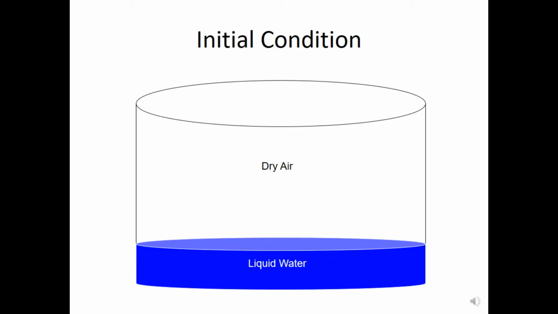So now what we're going to do is introduce the concept of saturation. What we have here is a vessel that contains liquid water at the bottom. It has solid sides and it has a solid top. And the initial condition here is that we put dry air in this canister above the liquid water.